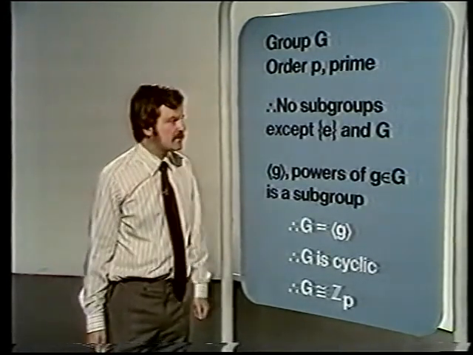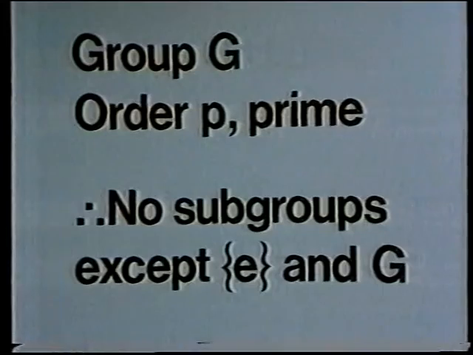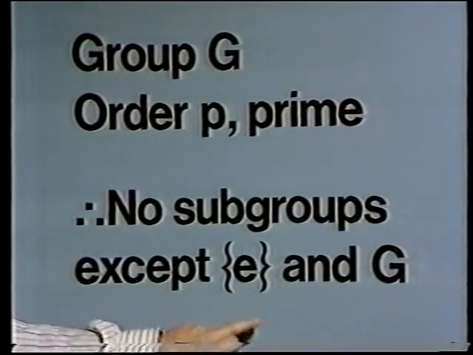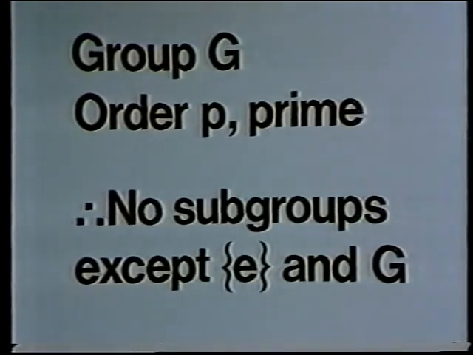Let's just go through the argument again. If we've got a group G, whose order is p, where p is a prime number, then Lagrange's theorem tells us that this group can't have any subgroups except for the identity subgroup of order 1 and the whole group itself.